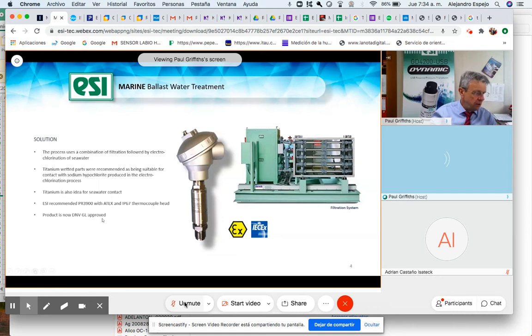And in this case, the customer accepted ATEX instead of marine, which is strange, but it was for the US Coast Guard. And the US Coast Guard said, if you don't have marine approval, then ATEX will be okay. So we supplied ATEX, but at the same time, we started the process of having DNV GL approval.